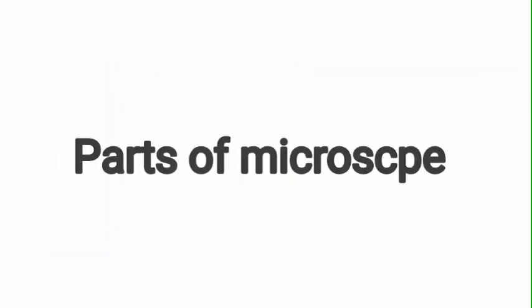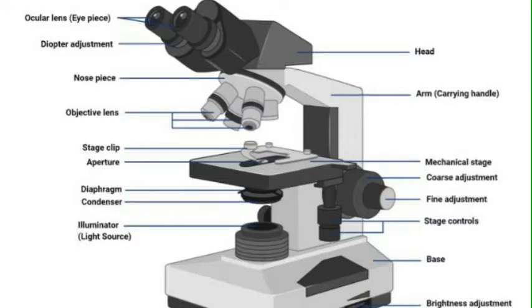And how many parts? First one is the contents of the microscope. The various components of the microscope can be classified into four systems. First, the support system. Second, the magnification system. Third, the illumination system.